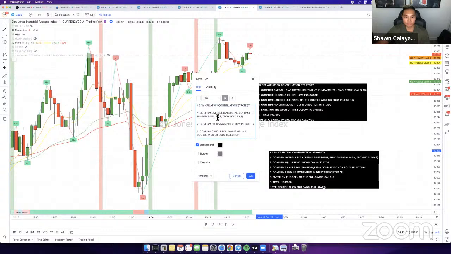It's confirm overall bias, it's fine. So I'll show you the difference between the V1 continuation and the variation. Just going to save this right here.